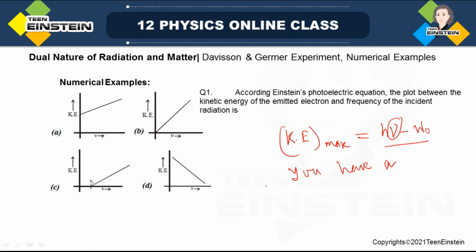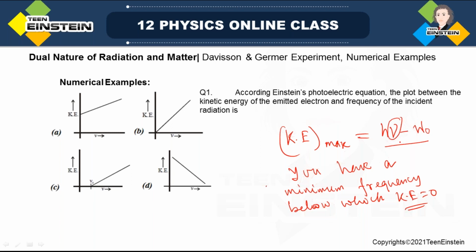You should have a minimum frequency below which the kinetic energy is zero.